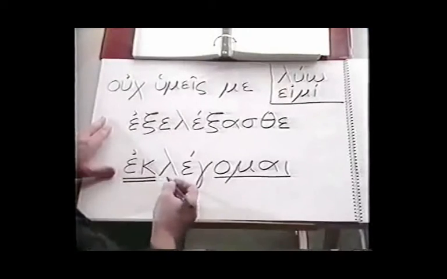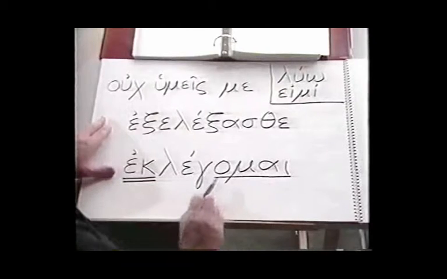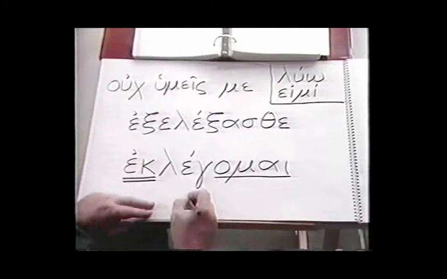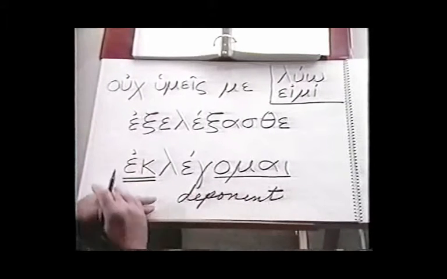But it's not an active ending. It is a middle or passive ending. Whenever we have a verb that is middle or passive in form, for example, if your dictionary entry of this verb is middle or passive, as this one is, then this verb is called a deponent verb. Deponent.